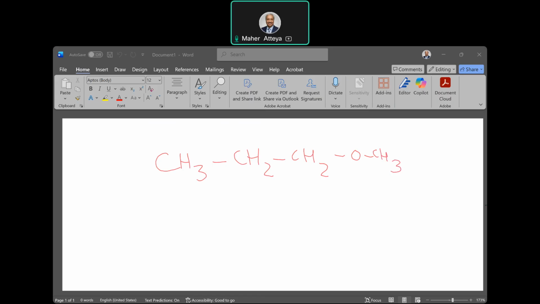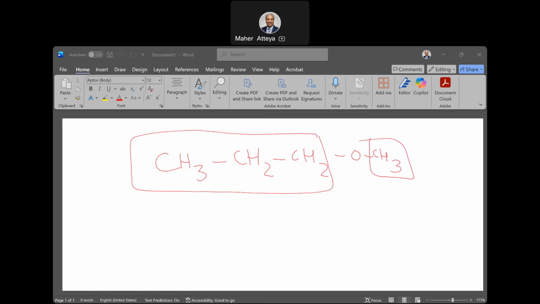The long chain is here between the two, and here is the smallest one. So it will be 1, 2, 3, correct? So that will be propane, the alkane here. And then you name the whole group with the oxygen and this group here, methoxy.